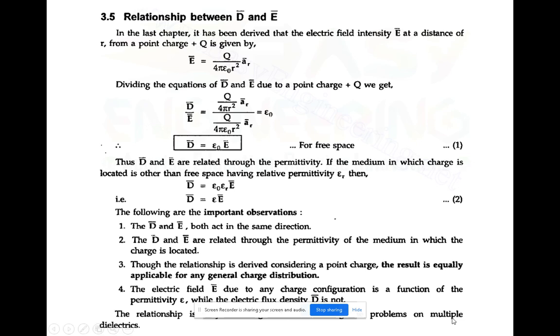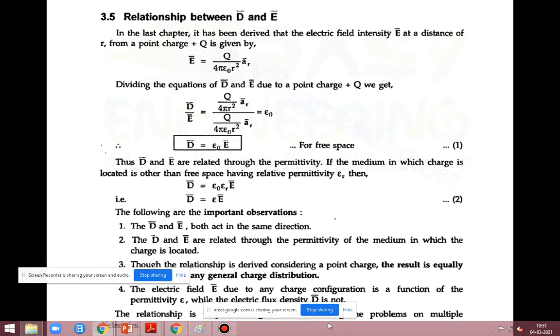The fourth property is that the electric field intensity due to any charge configuration is a function of permittivity, while the electric flux density is not. So electric field intensity depends on the permittivity, but electric flux density does not depend on any permittivity.